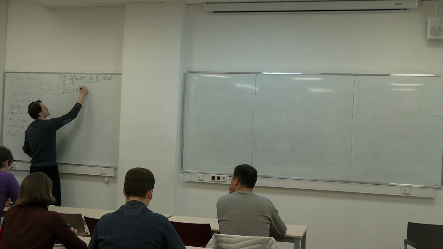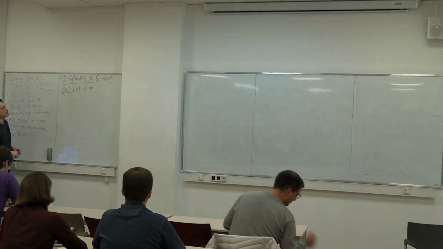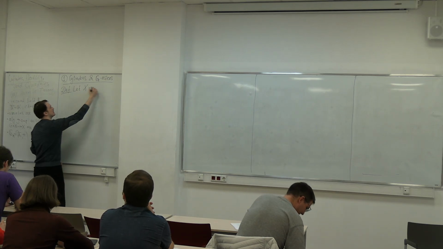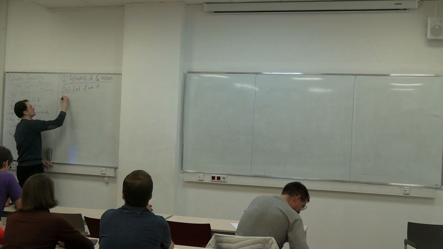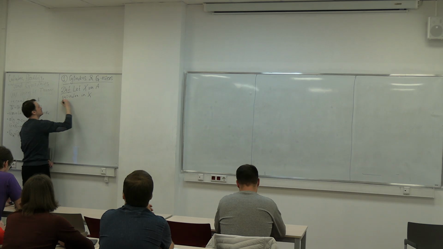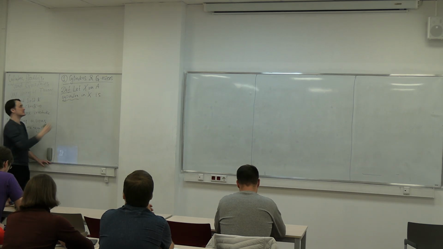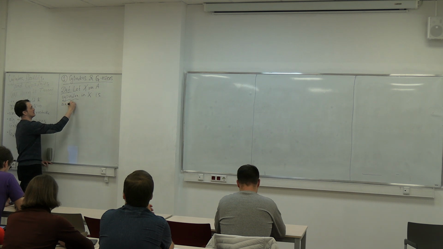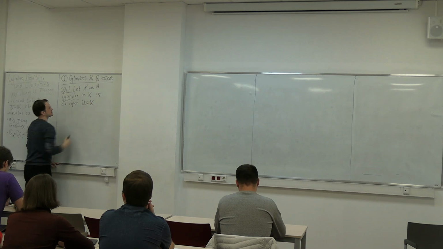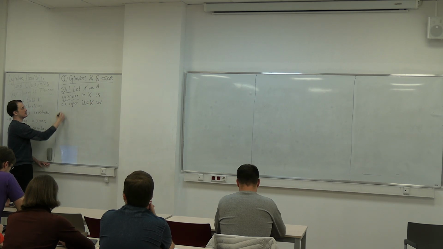Let X be a variety, an arbitrary variety. For the definition it doesn't matter, affine or not. By a cylinder in X, I mean an open subset U together with an isomorphism.